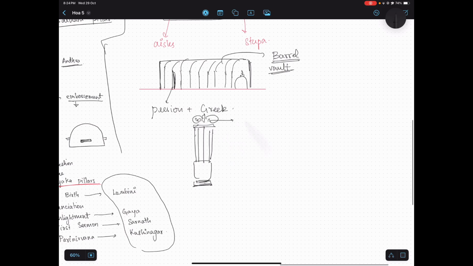So the capitals had mostly animals, and this is an octagonal shaft with a vase base.